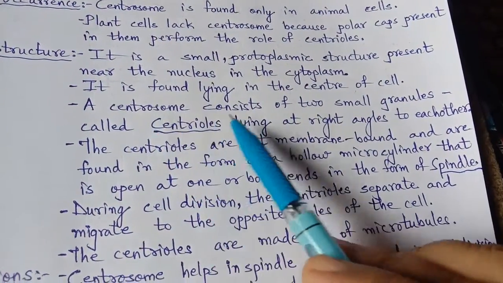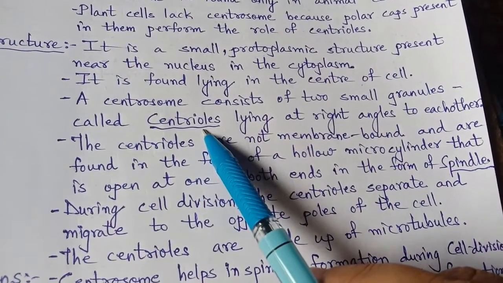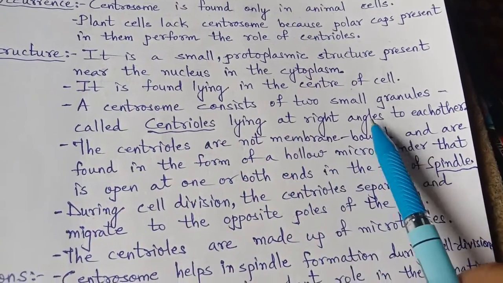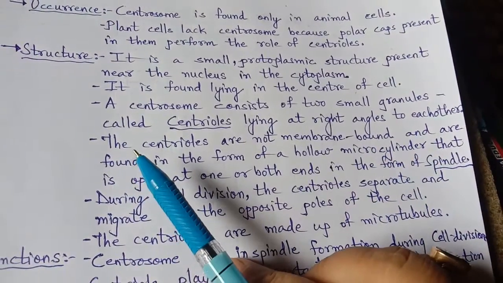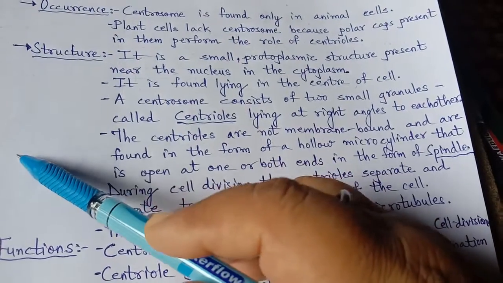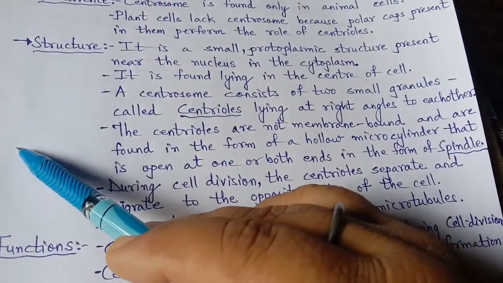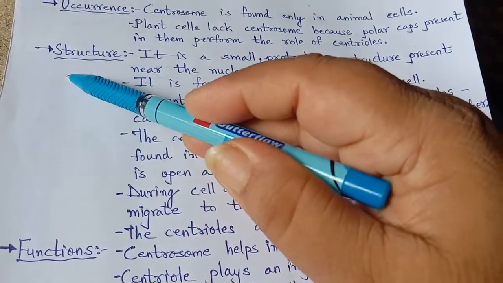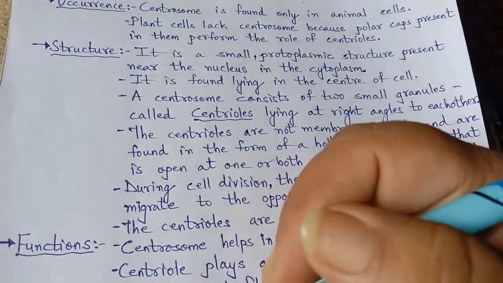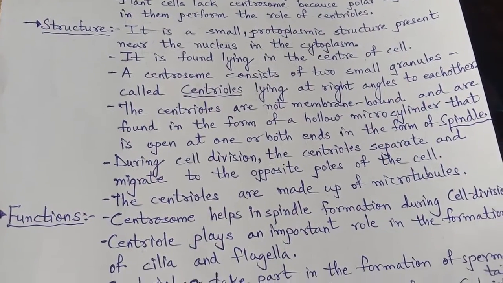A centrosome consists of two small granules called centrioles lying at right angles to each other. They are lying at right angles to each other. That means if one is lying like this, then the other is lying vertically. If one is lying horizontal, the other will lie vertical. It means they will make 90 degrees.